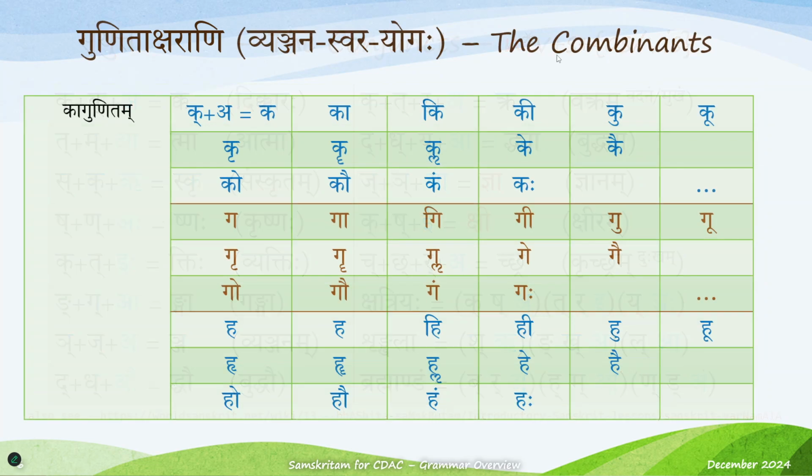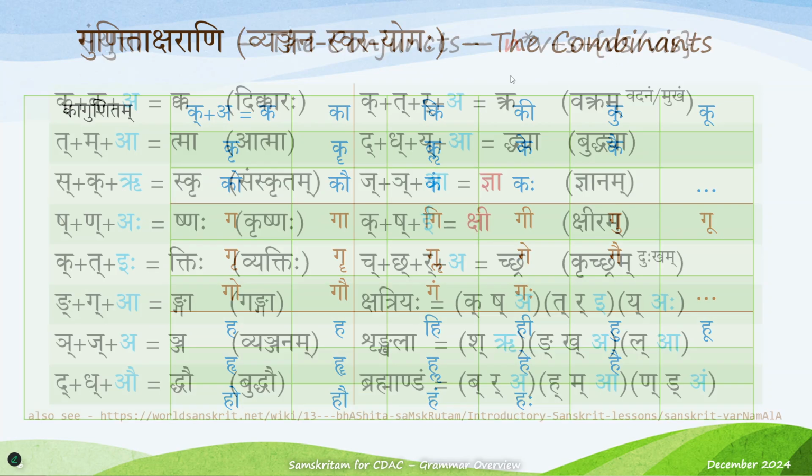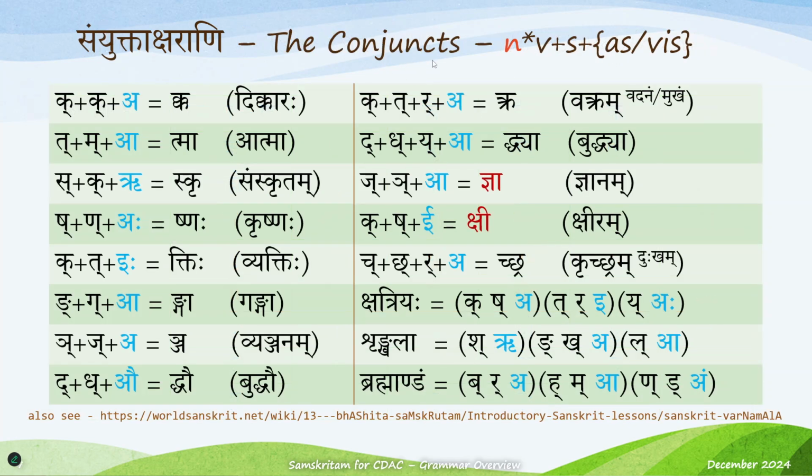So these are called conjuncts in English grammar. Like we had combinants for Gunitakshara, we have conjuncts for Samyuktakshara. Okay, so this is the formula: (V)* with n from 0 to 3, with the optional swara, and with an optional anuswara or visarga. I forgot to mention their participation earlier.